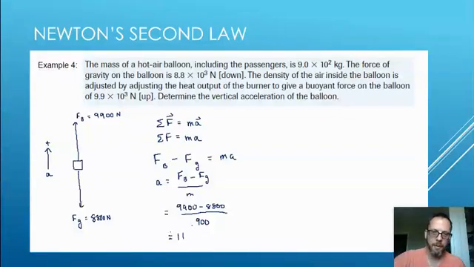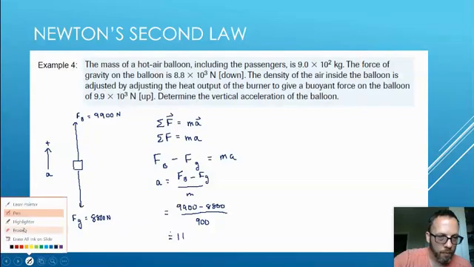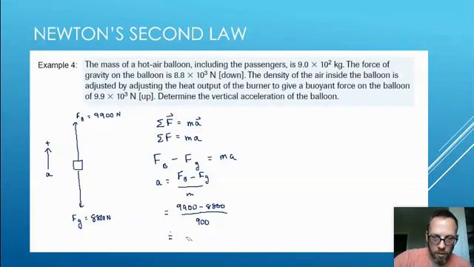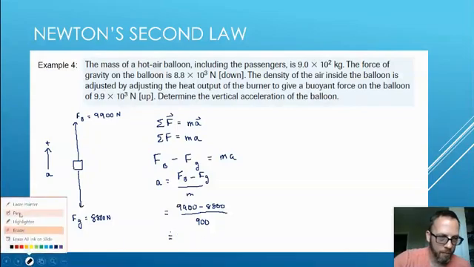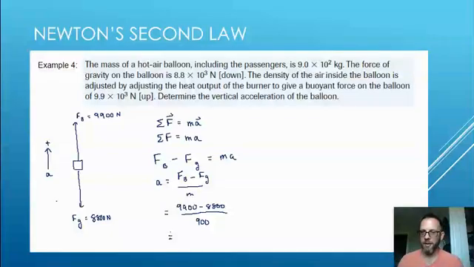I divided by 9.8. Guys, I'm losing it. I think I've reached my upper limit on videos I can shoot per day before I start to mentally break down. 1,100 divided by 900, 1.2. I was thinking 100 meters per second squared for a hot air balloon is incredibly fast. That's like 10 Gs. Those people would probably not survive. And the units we know would be meters per second squared because we have newtons divided by kilograms.